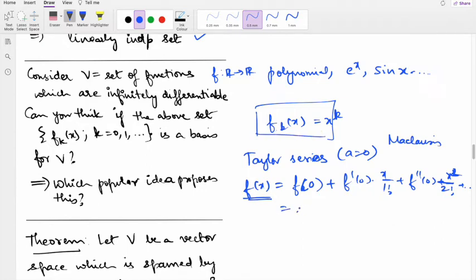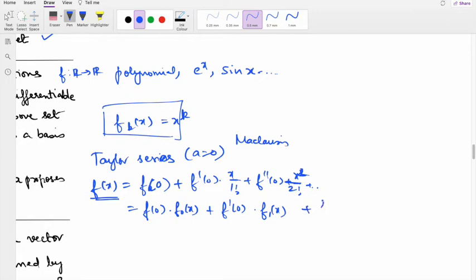So here this is f of 0 into f0 of x. Then this is f dash of 0 into f1 of x. Then this becomes f double dash of 0 by 2 factorial times f2 of x.